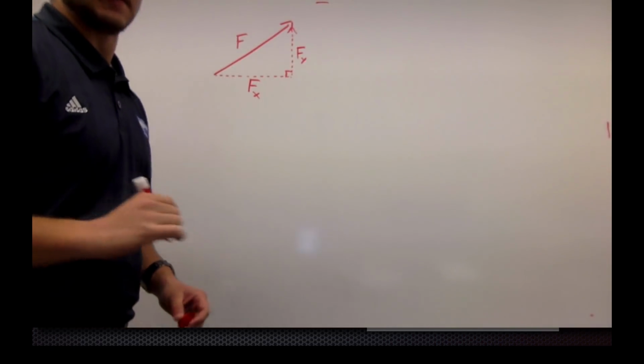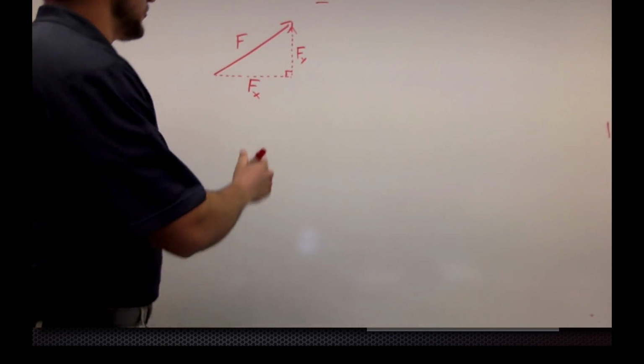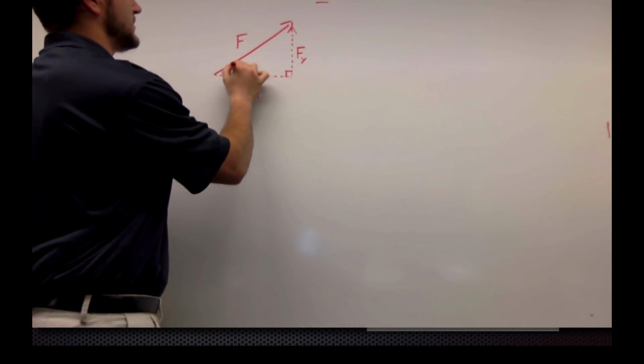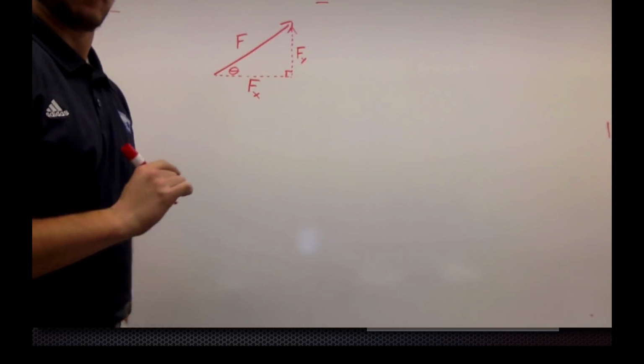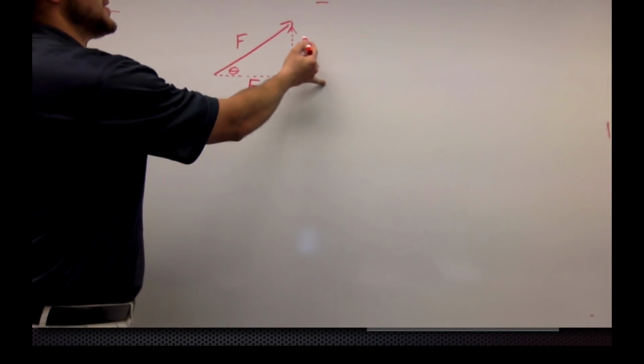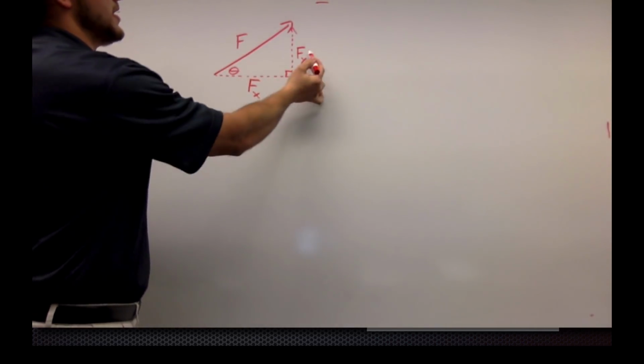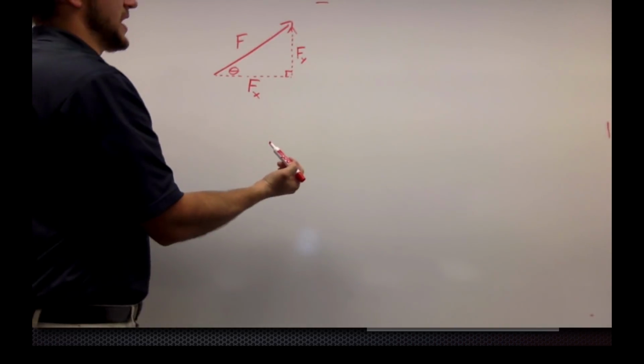F sub y then gives us our vertical component of force. Just like it says on there, with respect to this interior angle here, cosine is going to get us F sub x, sine is going to get us F sub y, because here we have our adjacent side, here we have our opposite side.